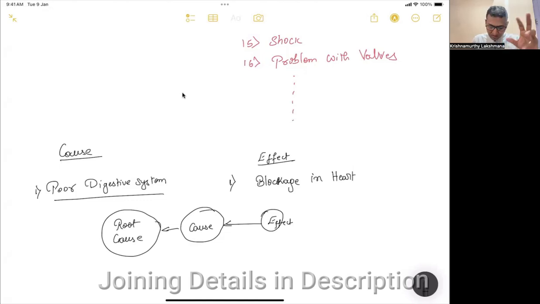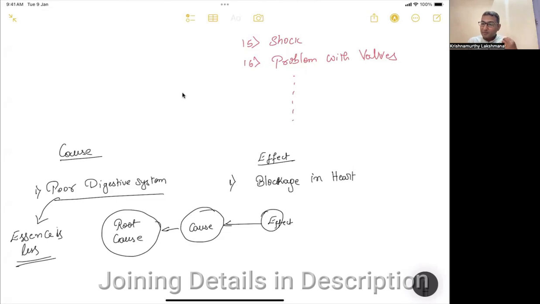Why is the digestive system poor? Probably the essence is less. So what will I do? I will work on the essence.